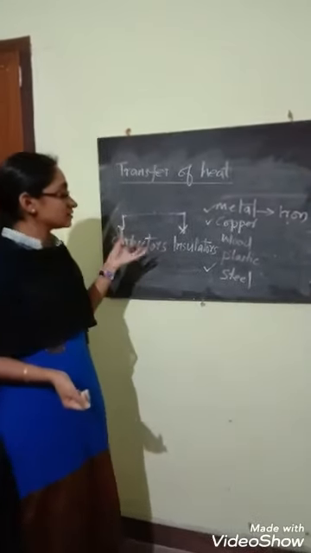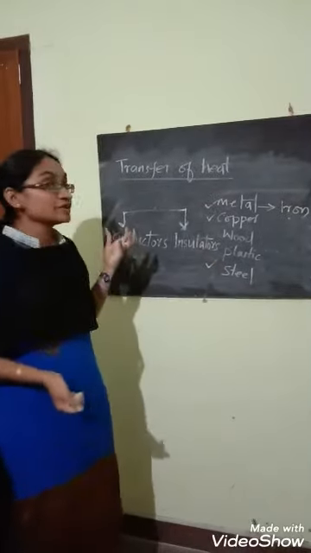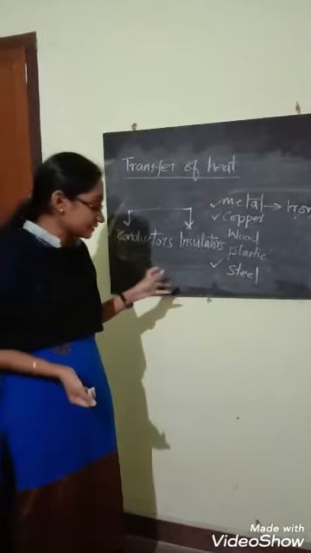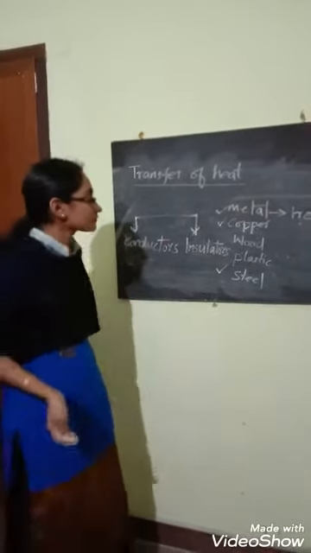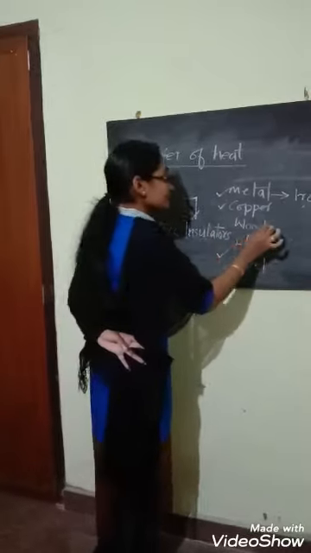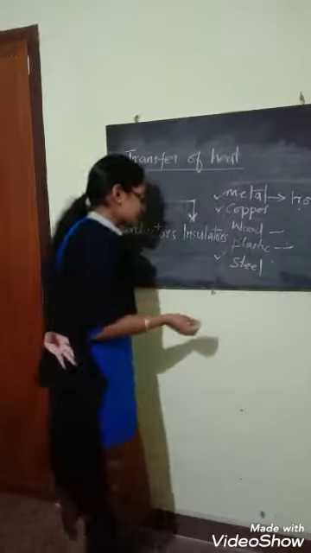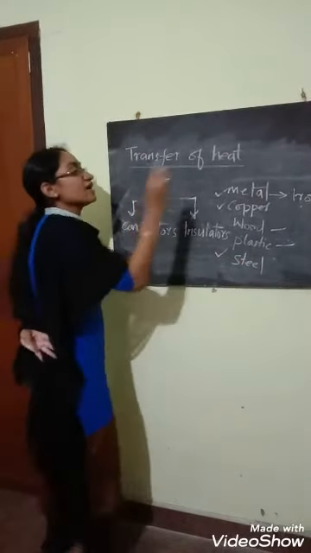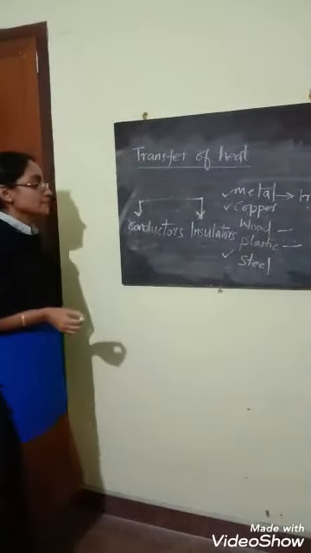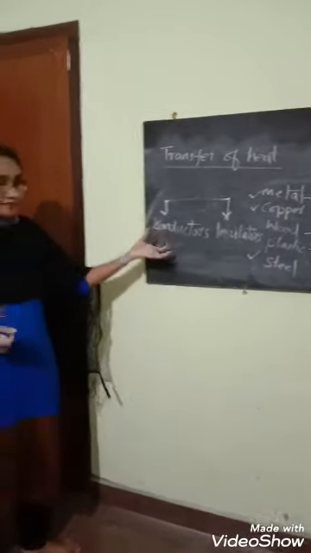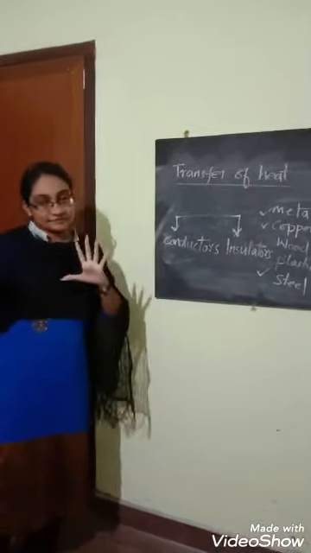And the substances called non-conductors, or insulators, are the substances which do not conduct heat. Examples of insulators are wood and plastic. Examples of conductors are iron, copper and steel. I think the explanation of conductors and insulators is clear.